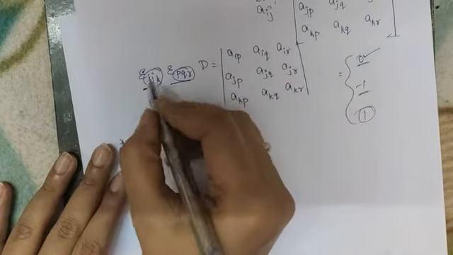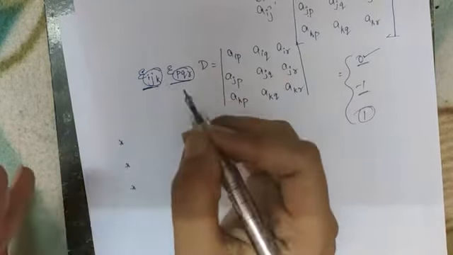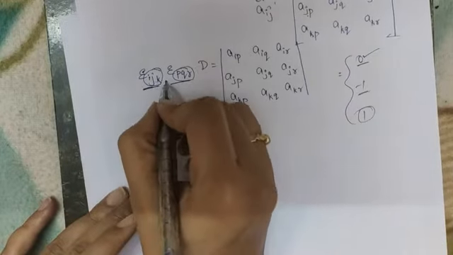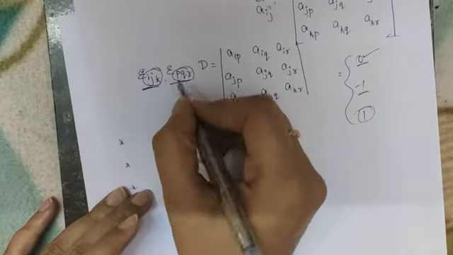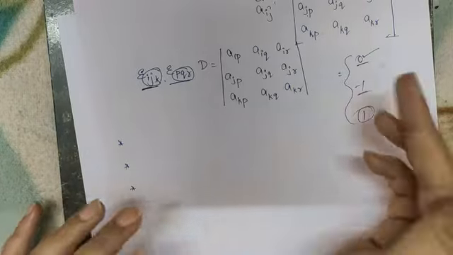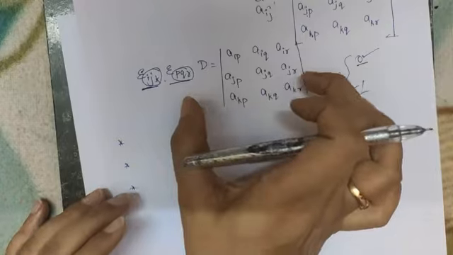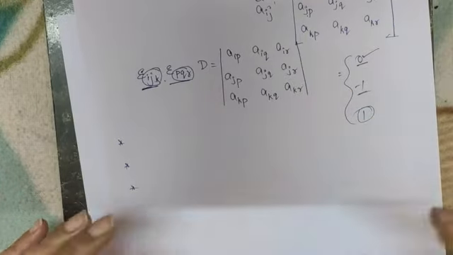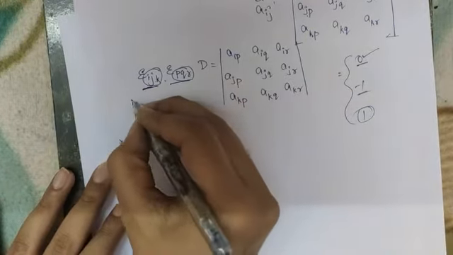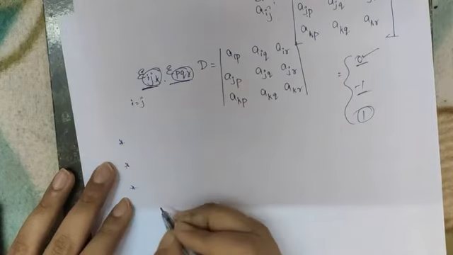In the first case, if at least 2 of ijk or 2 of pqr are equal, then both sides of this equation are 0. Let me consider that i and j are equal.